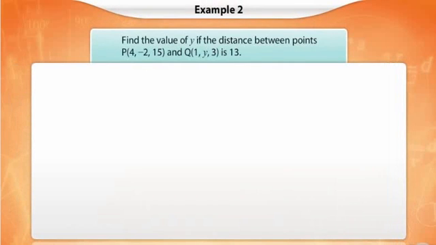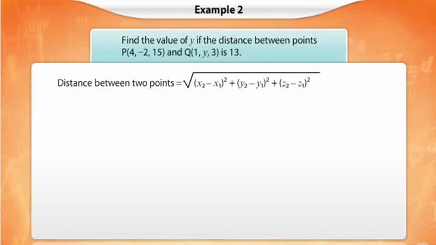Find the value of y if the distance between points P(4, -2, 15) and Q(1, y, 3) is 13. The distance between the two points is given by the square root of the sum of the squares of (x2 minus x1), (y2 minus y1) and (z2 minus z1).